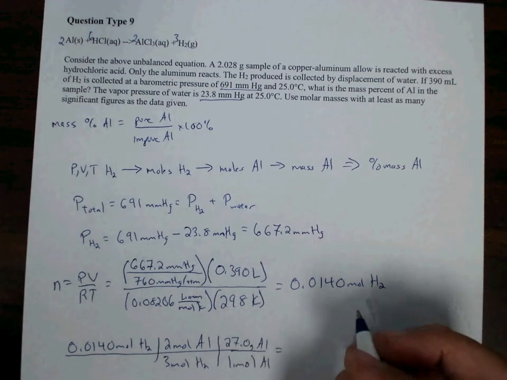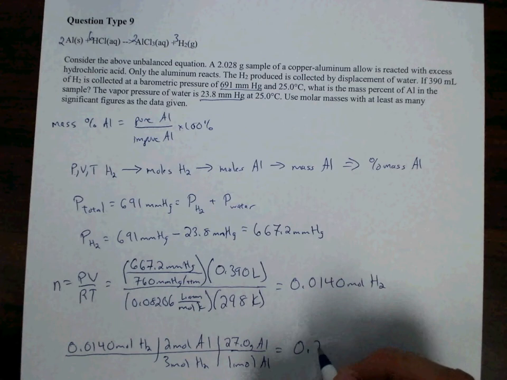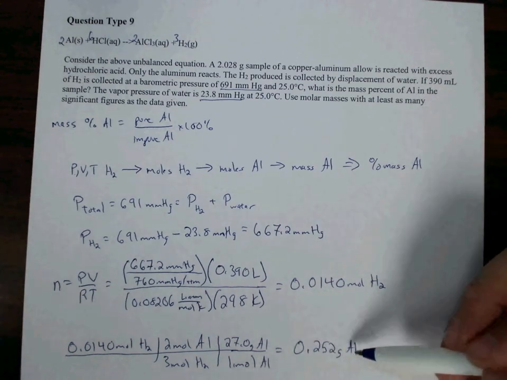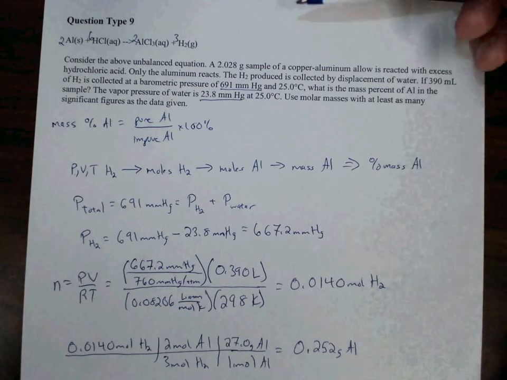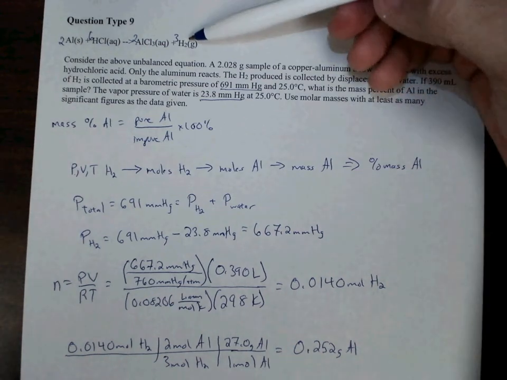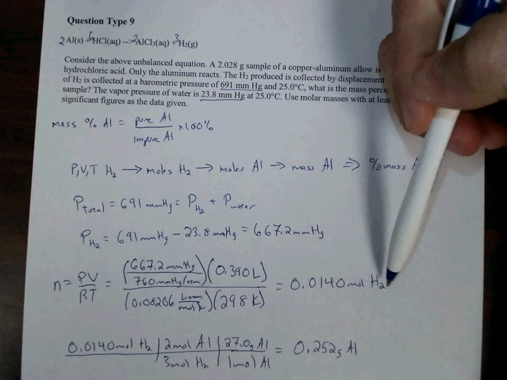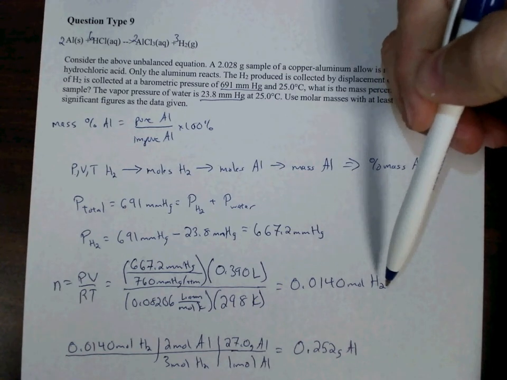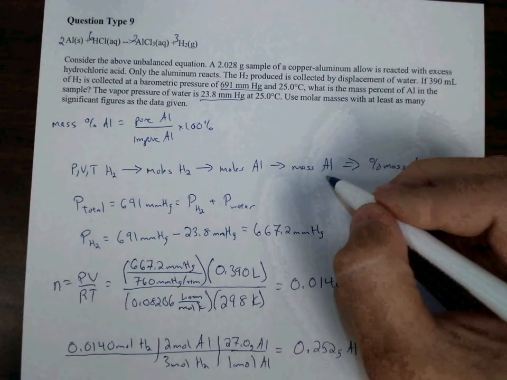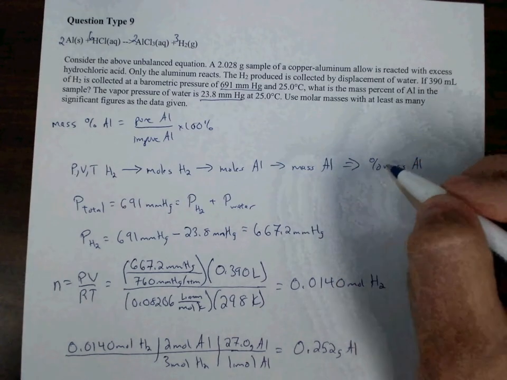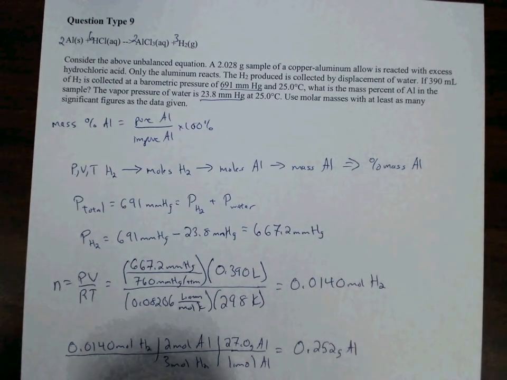And this will give us the mass of aluminum, and that turns out to be 0.252 grams aluminum that was used up to make the 0.0140 moles of hydrogen. Are we done yet? No, because we're only at this step, the mass of aluminum. Got to get to that percent mass.